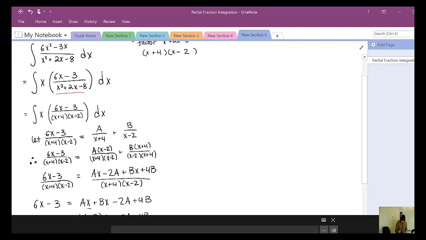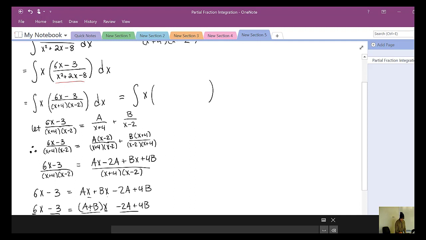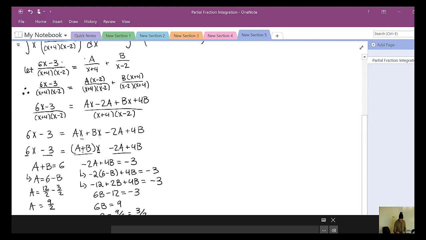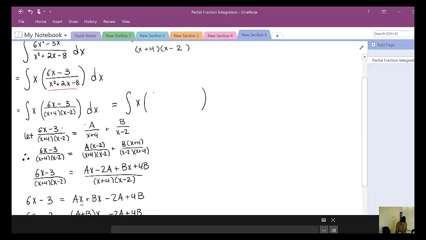What we can say is that our integral is equal to the integral of a over x plus 4 plus b over x minus 2, because this and this are equal, where a is 9/2 and b is 3/2. So 9/2 over x plus 4.